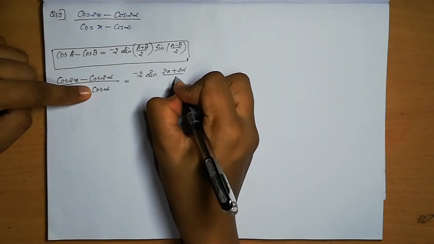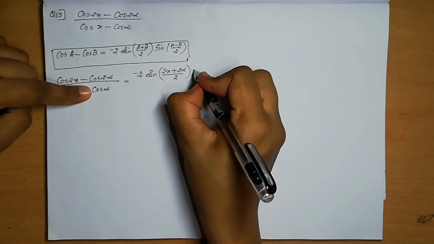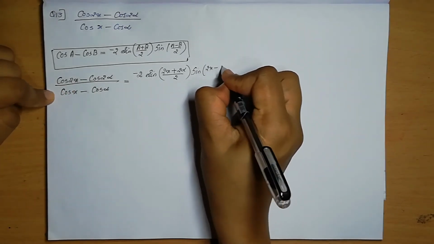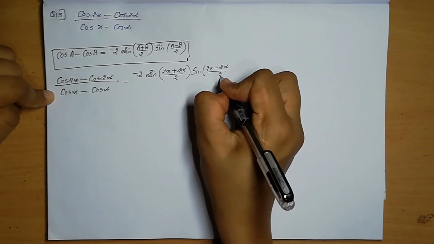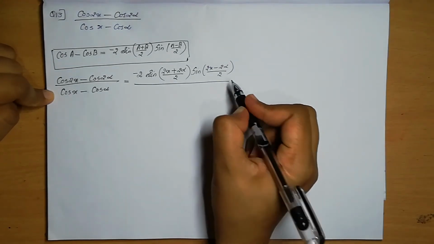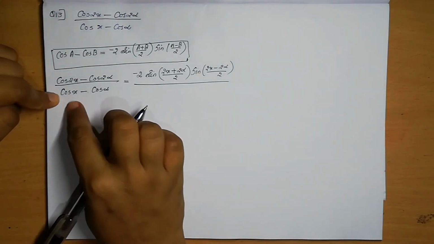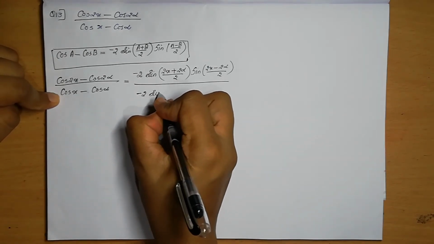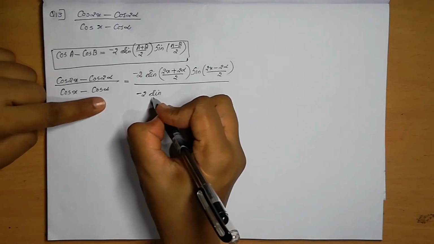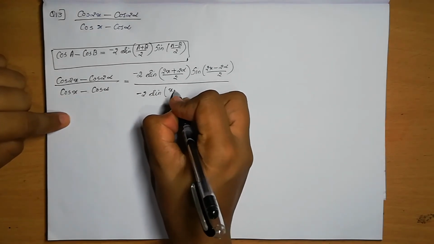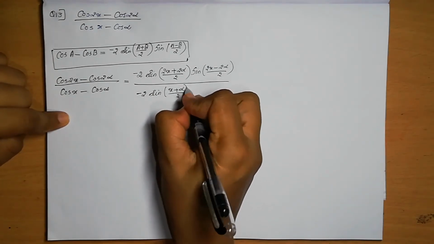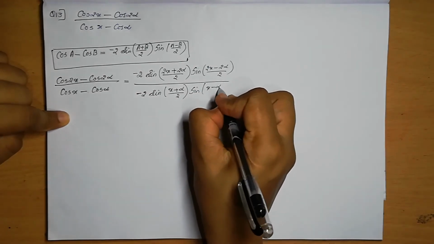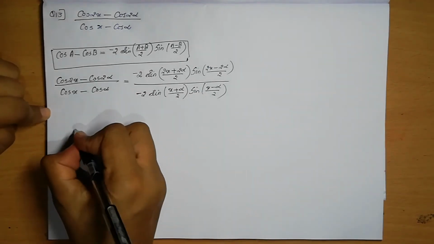That means 2x plus 2 alpha by 2 and sin 2x minus 2 alpha by 2, the whole divided by, this is also in the form of cos a minus cos b, so we can write minus 2 sin, here a is x and b is alpha, that means x plus alpha by 2 sin x minus alpha by 2.